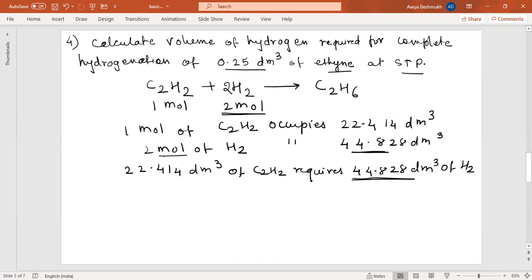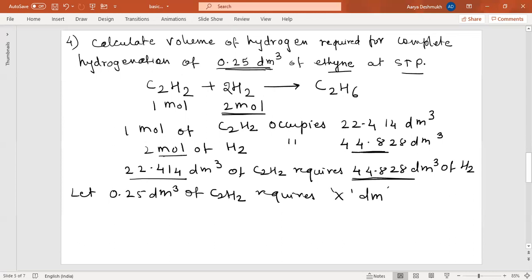Now for complete hydrogenation, suppose this is for the 22.414. So what is the volume for 0.25? How much is for 0.25? Suppose 0.25 dm cube of C2H2 requires x dm cube of H2 for complete hydrogenation.